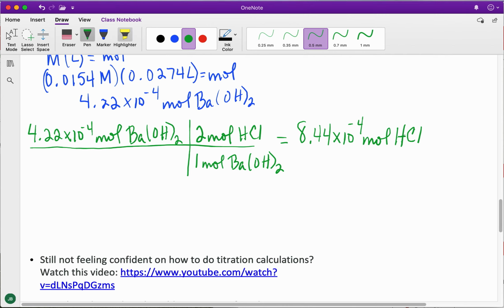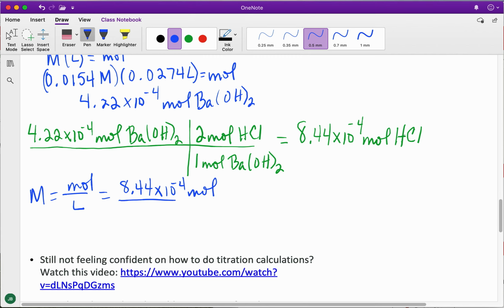So molarity, moles over liter. And we're going to put in here 8.44 times 10 to the negative fourth moles over, remember, don't forget that milliliter to liter conversion we did at the very beginning of this problem, and that gave us 2.00 times 10 to the negative second liters.